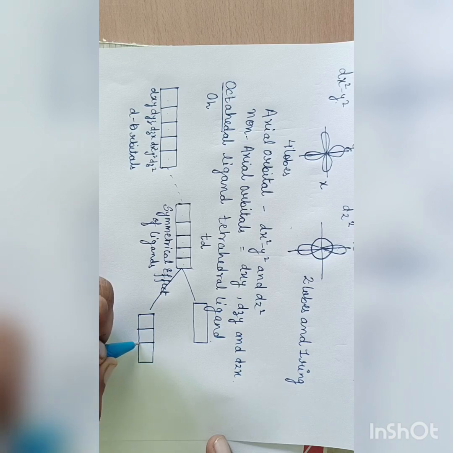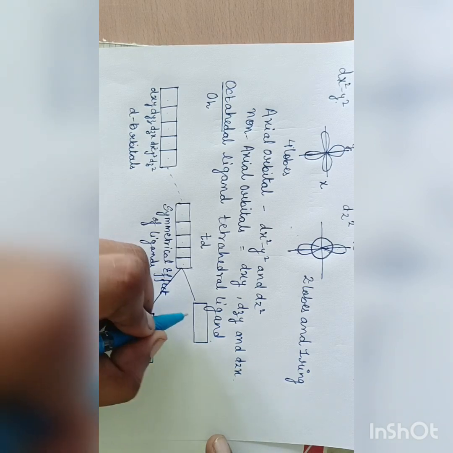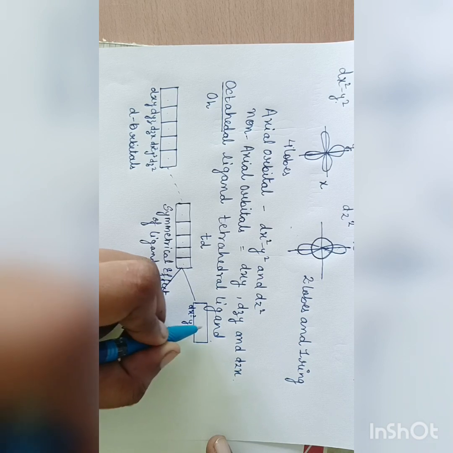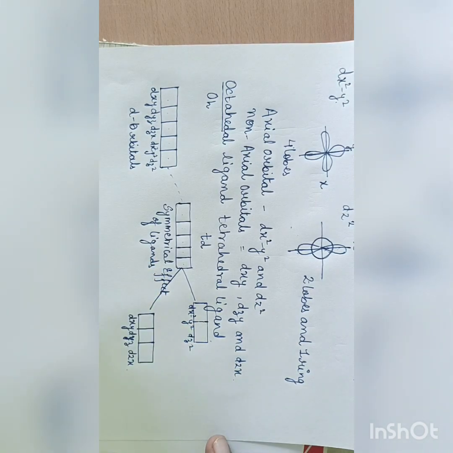These are the 3 orbitals, dxy, dyz and dzx, and these are dx square minus y square and dz square.